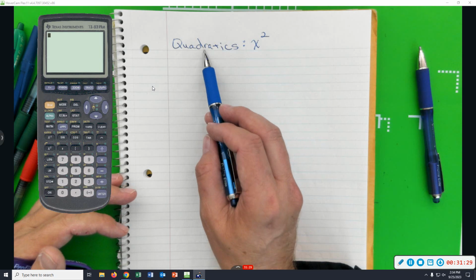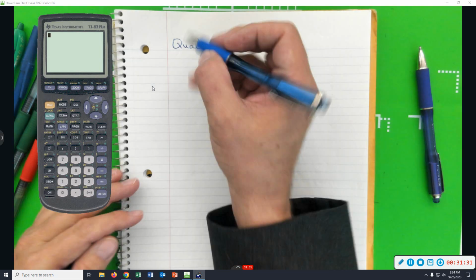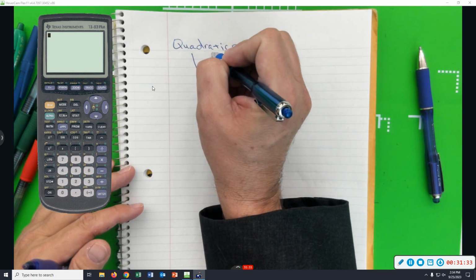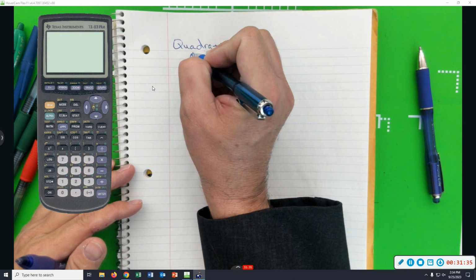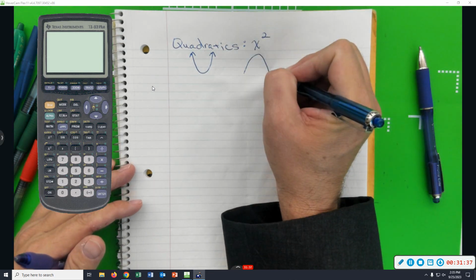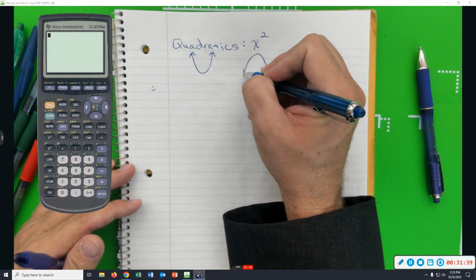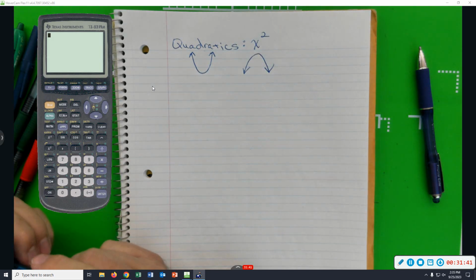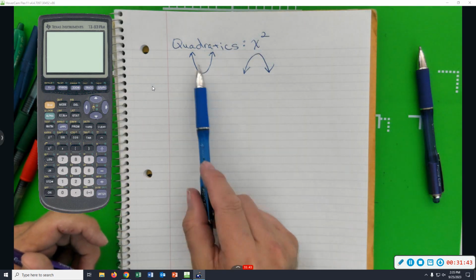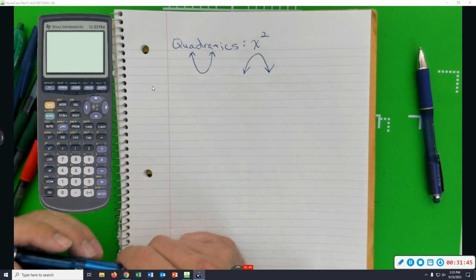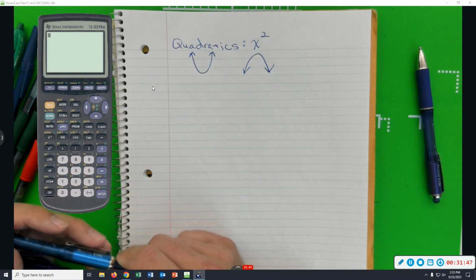The graph of a quadratic is a smooth U-shaped figure. It'll either open up or down. And we'll have an excellent assignment that delves into quadratics and the graphs of quadratics in more detail in a couple of weeks.